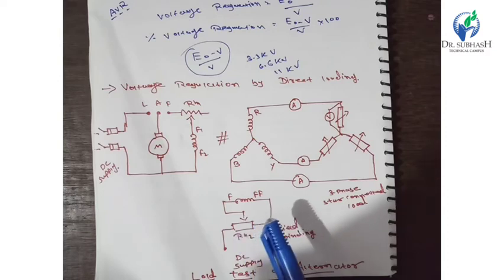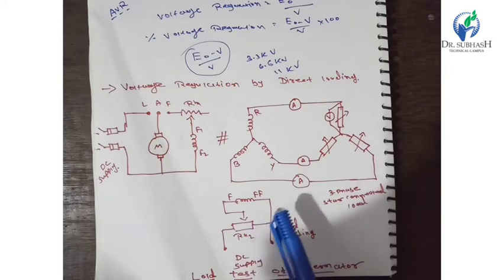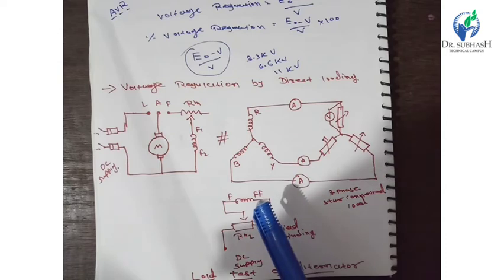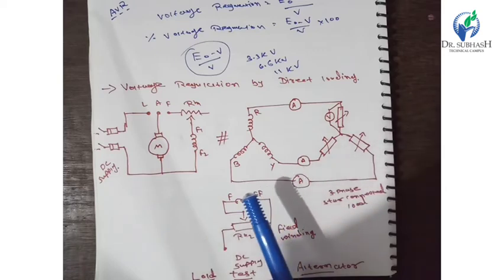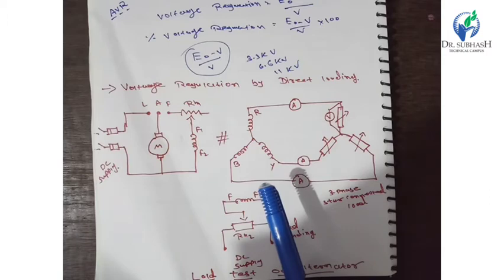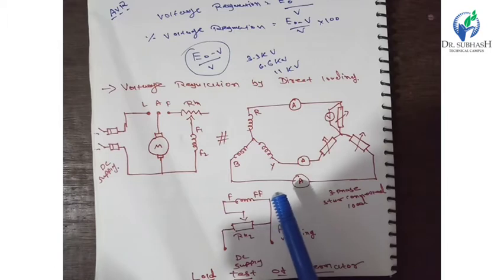Hence, the characteristics of the alternator giving the performance on load have to be plotted. The voltage drop under loaded condition at different power factors can be studied by performing a direct load test. This test is conducted on a small capacity machine having a lower voltage rating.